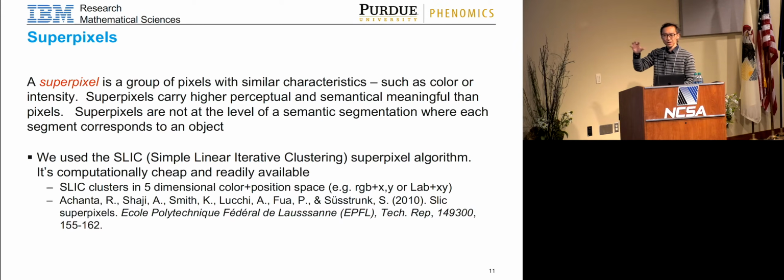But they're still intermediate units. They're not as big as image segmentations, like you segment a face or you segment a panicle. They're smaller units. And there are standard methods available in open source that allow you to come up with these superpixels, and we used one of them.